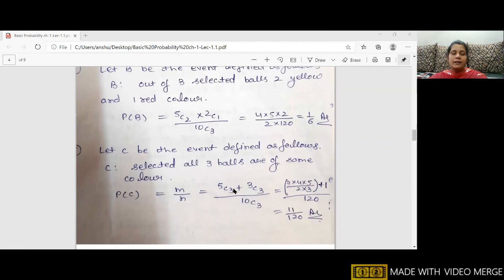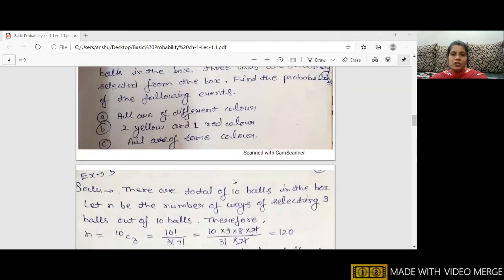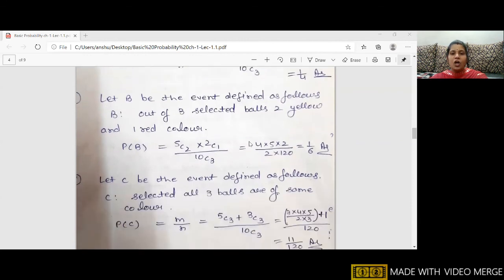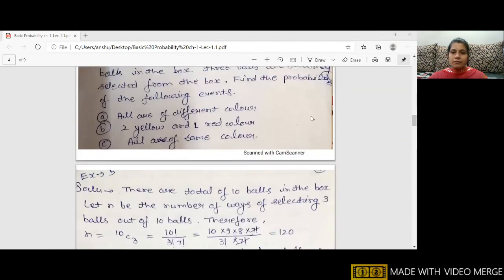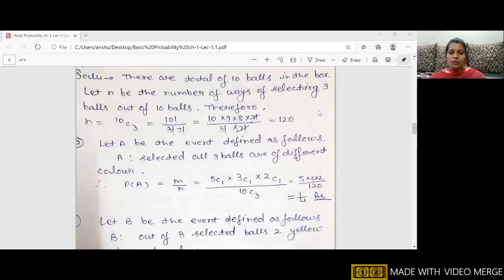And our last question is, all are of the same color. That means we have 5 yellow balls and 3 white balls.